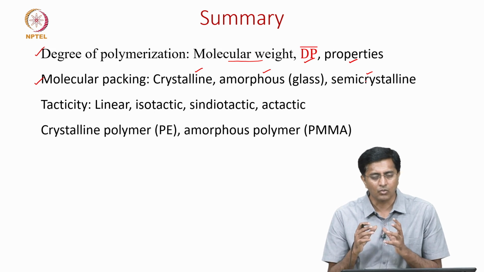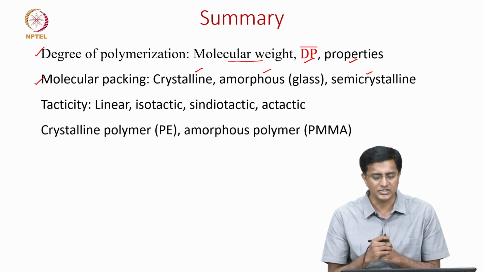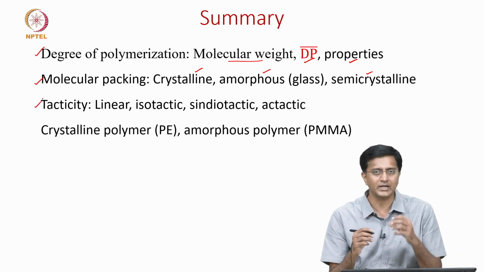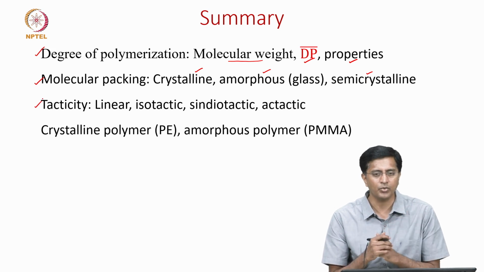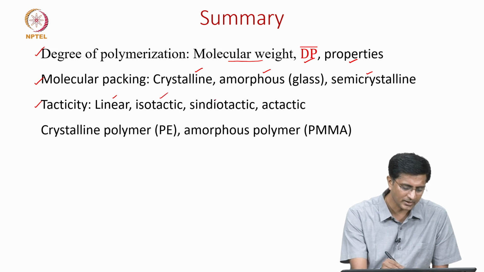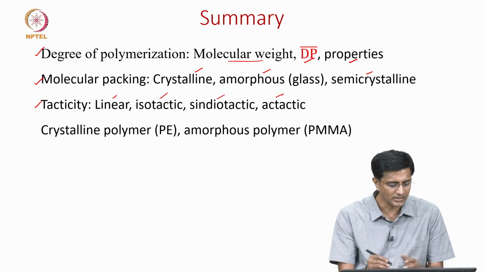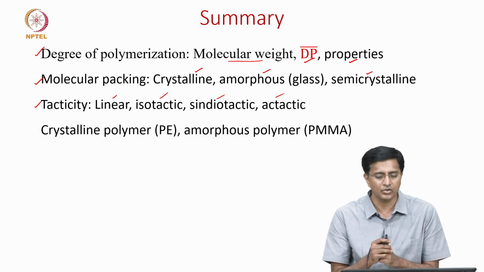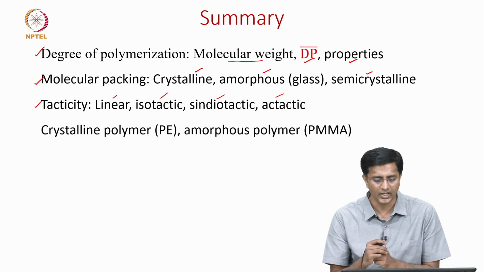One aspect of polymers which decides whether they take a crystalline or an amorphous form is the tacticity, which means how the radicals are placed along the polymer chain. We discussed isotactic, syndiotactic and atactic, and said the first two prefer to go to a crystalline form, whereas the atactic prefers the amorphous form.